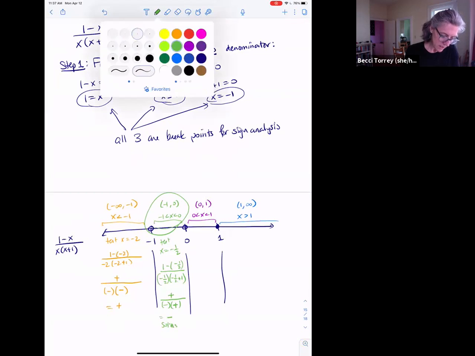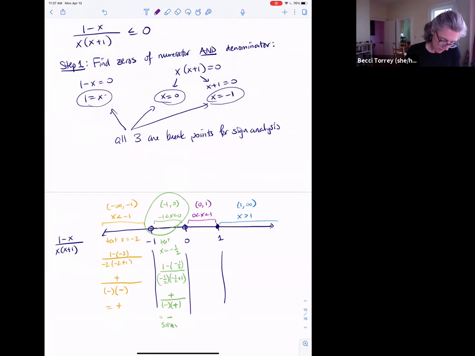And then we do the same thing. We're going to test something between 0 and 1. So let's test x equals positive 1/2. We do the same thing. So 1 minus 1/2 on the top. 1/2 times 1/2 plus 1. So this is going to be positive in the numerator still, because 1 minus 1/2 is still positive. 1/2 is now positive times positive. So positive, positive, positive. Everybody's positive.